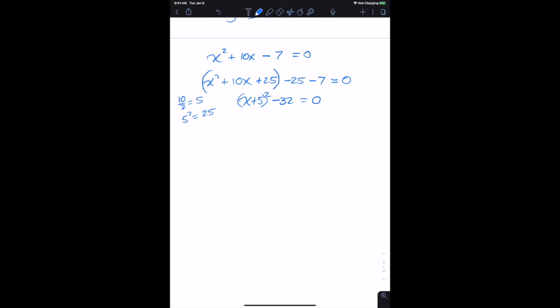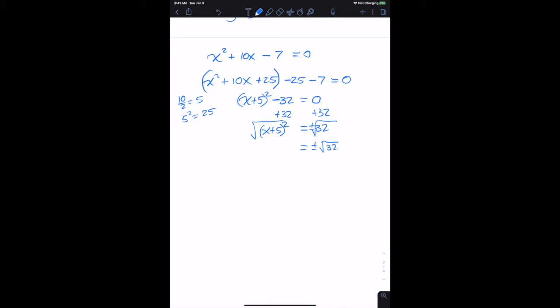We could take this a little bit further if you want to. We can add 32, and this actually becomes a means by which we can solve this completed square. So I've got x plus 5 squared is equal to 32. And if I take the square root of both sides and call that plus and minus, I've got plus and minus the square root of 32.